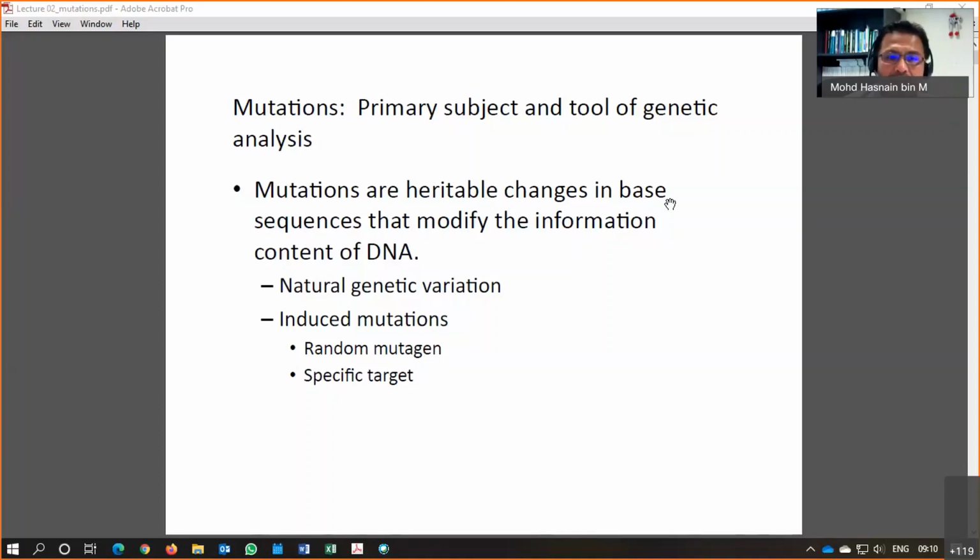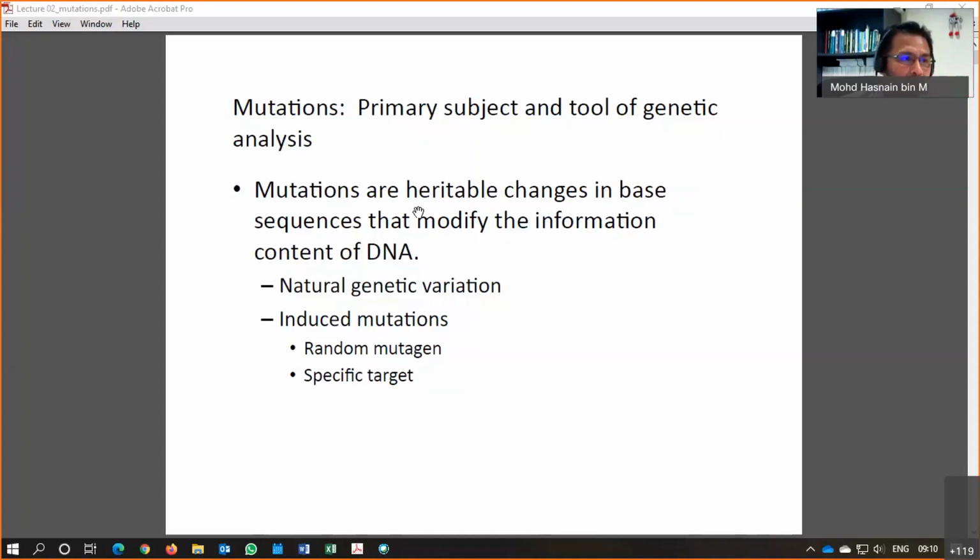That mutation is not a heritable mutation. So that is also a mutation, but not heritable. The mutation that we talk about in genetics is the one that can be passed to the next generation. That is why it's called heritable changes.